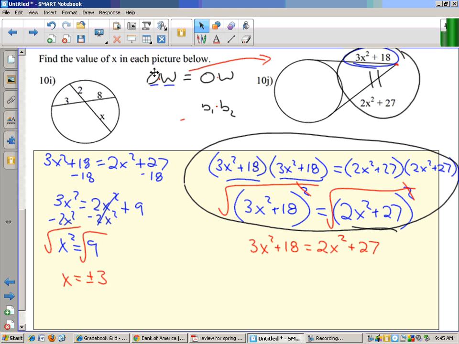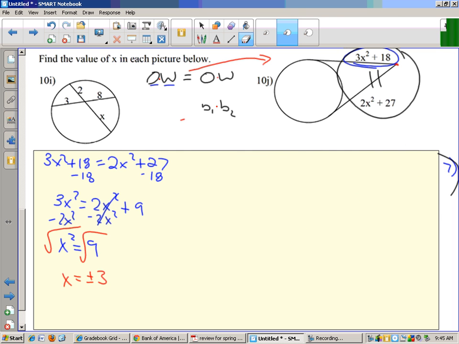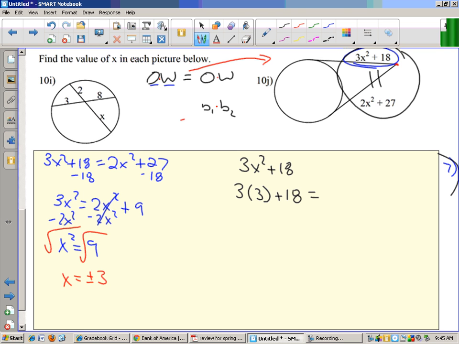So we need to go back and look at our original work up here. In 3x squared plus 18, if I plug in a positive 3, then I'm going to get 27.